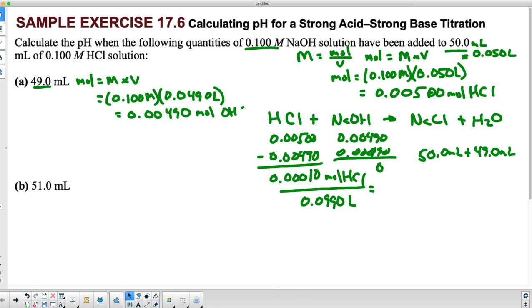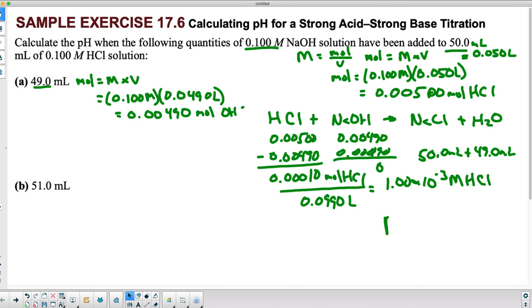And what I get for that concentration is approximately 1.0 times 10 to the negative 3. That's our concentration of HCl. That's close enough for us to deal with.